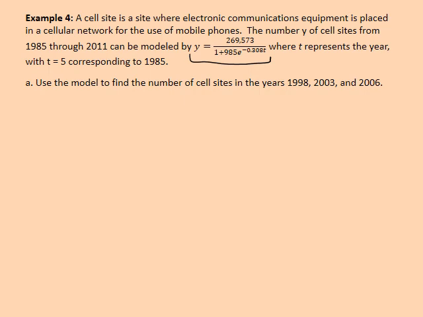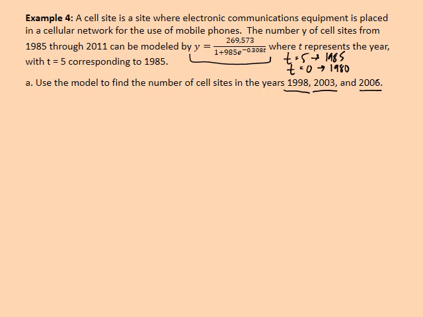This is a logistic model, where t represents the year with t equaling 5 corresponding to 1985. So if t equals 5 corresponds to 1985, t equals 0 corresponds to 1980. Use the model to find the number of cell sites in the years 1998, 2003, and 2006.